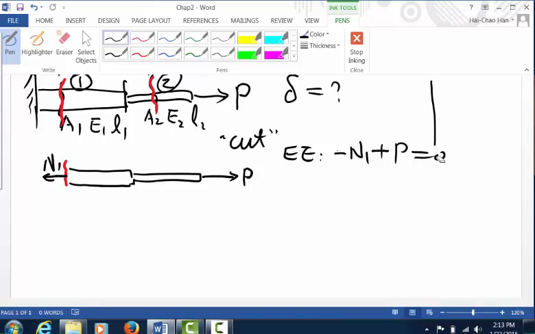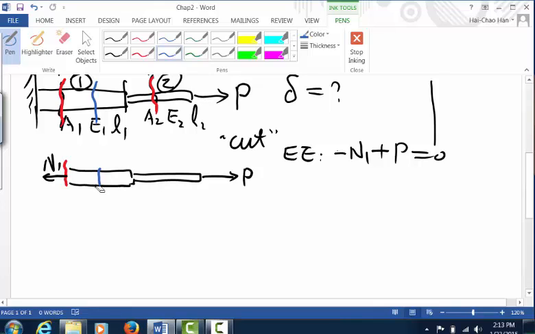Now, the question is, does it matter where I actually make the cut in the segment? What if I made a cut, let's say, with a green one? Oh, it doesn't work. If I made a cut here, I'll draw a free body of just this part, just the one on the right.